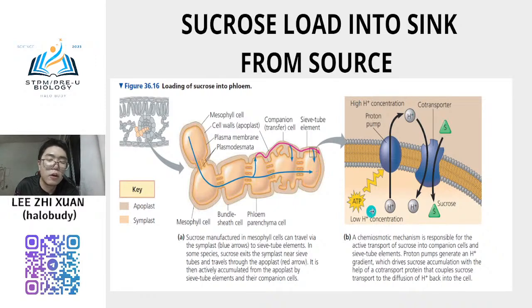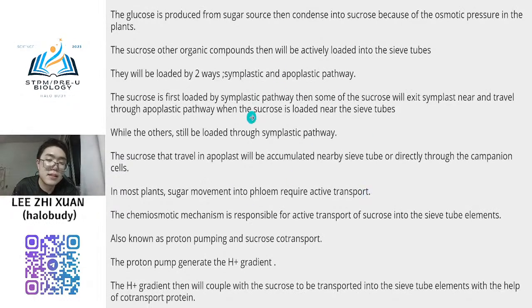So this is one example of a co-transport process that you already learned in semester 1. Okay.